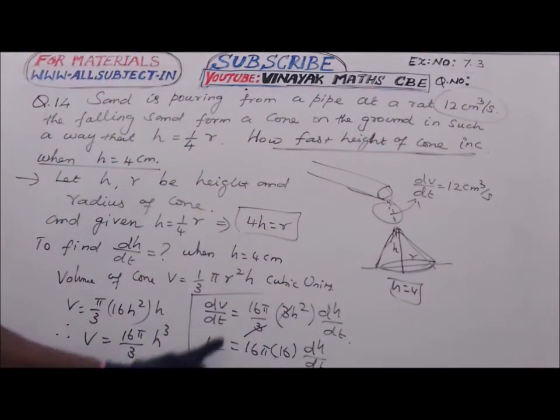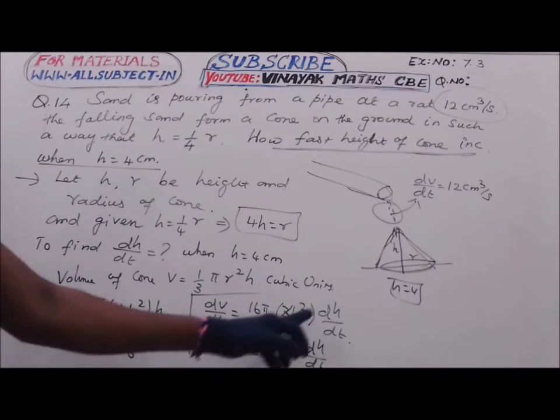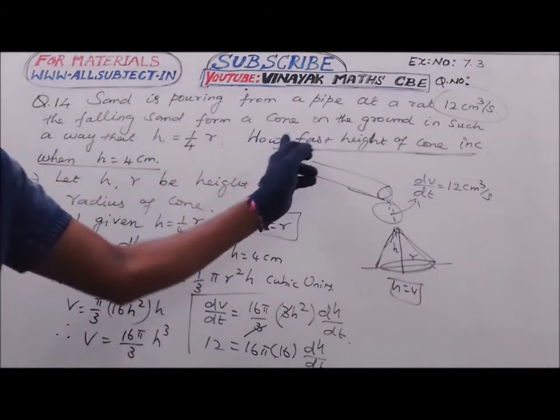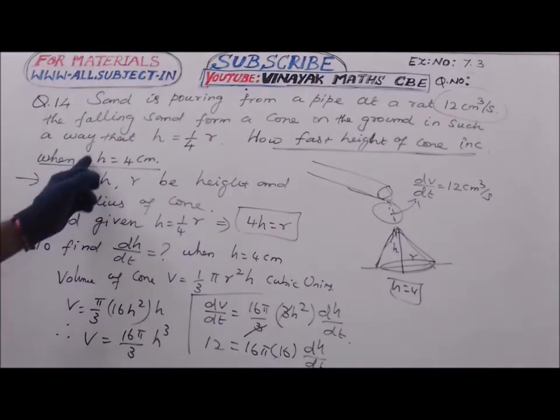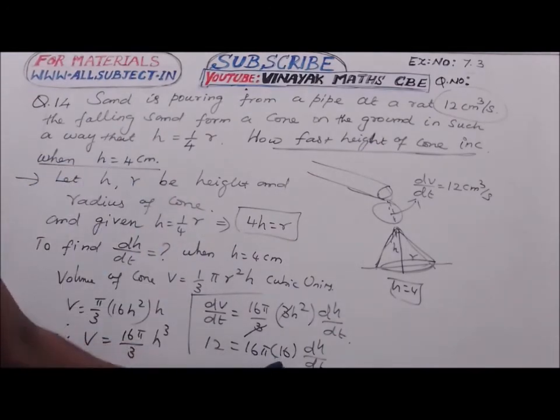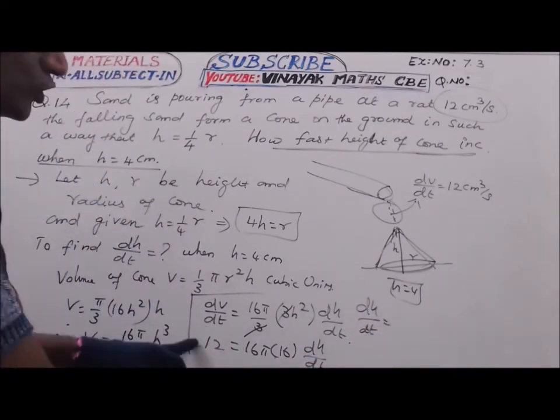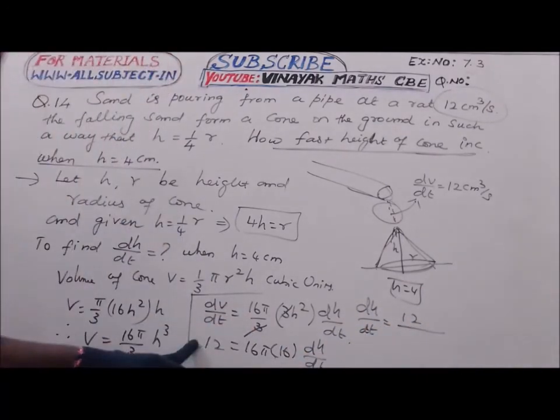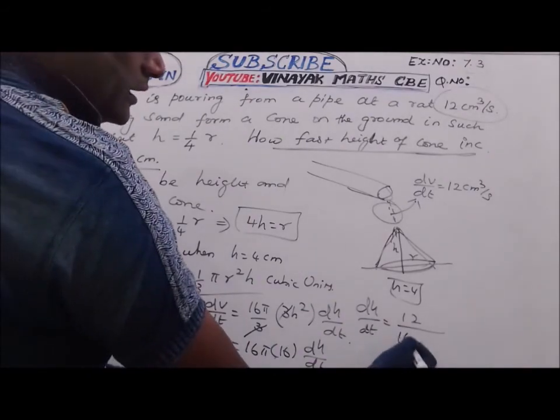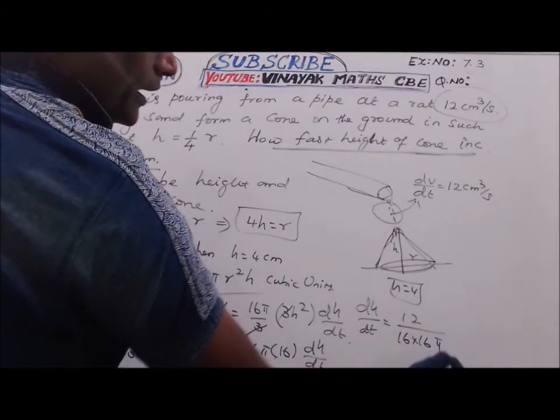dV by dt equal to 12, 16 pi into h square. We need to find the rate of change when h is equal to 4, so at the time h is equal to 4 is substituted here. It is 16 times 16 pi dh by dt. We need to find dh by dt. So dh by dt equal to 12 divided by 16 into 16 into pi.